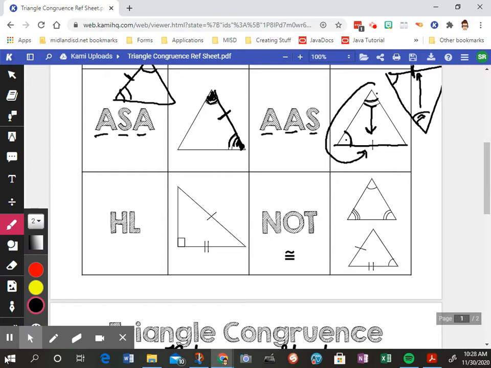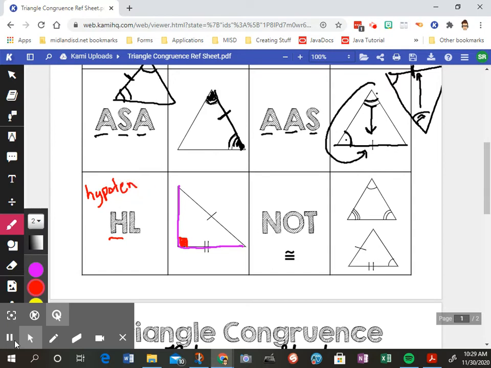Let's talk about the next one. The next one is special. I'm going to change my pen to purple. It's special because it has a right angle in it. It's a right triangle. And in our right triangle, we have a right angle. The H stands for hypotenuse. The L stands for leg.